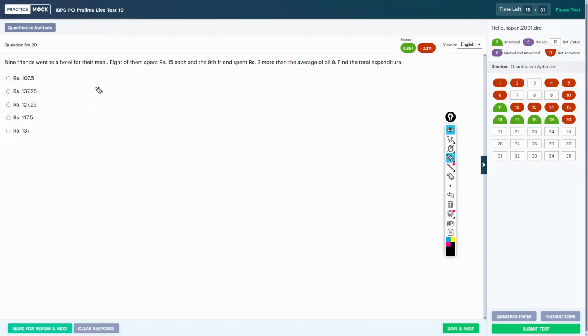9 friends went to a hotel for their meal. 8 of them spent 15. 9th one spent 2 more than average of all 9 total expenditure. 8 of them spent 50 each, so 120 was already done. The next one must have spent 15, right?